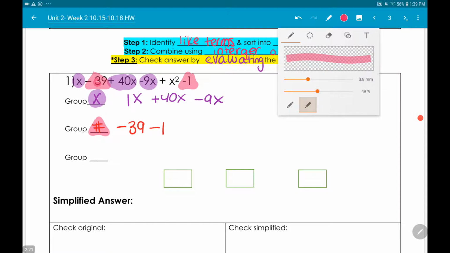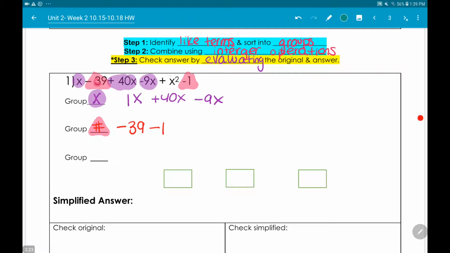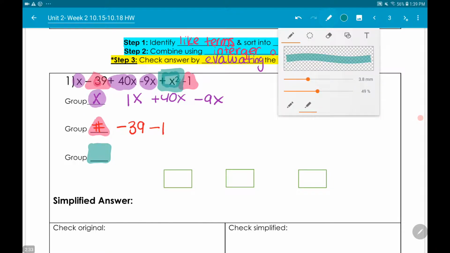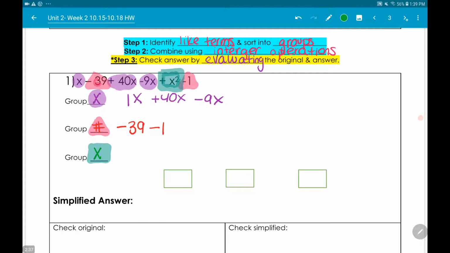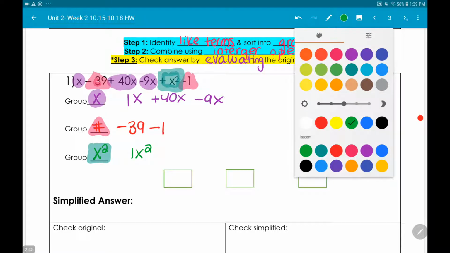And then lastly, I can't forget about this last term, is an x squared term. So that is going to be my last group. And it only has one thing in it, so that is fine. It is still in its own group though.